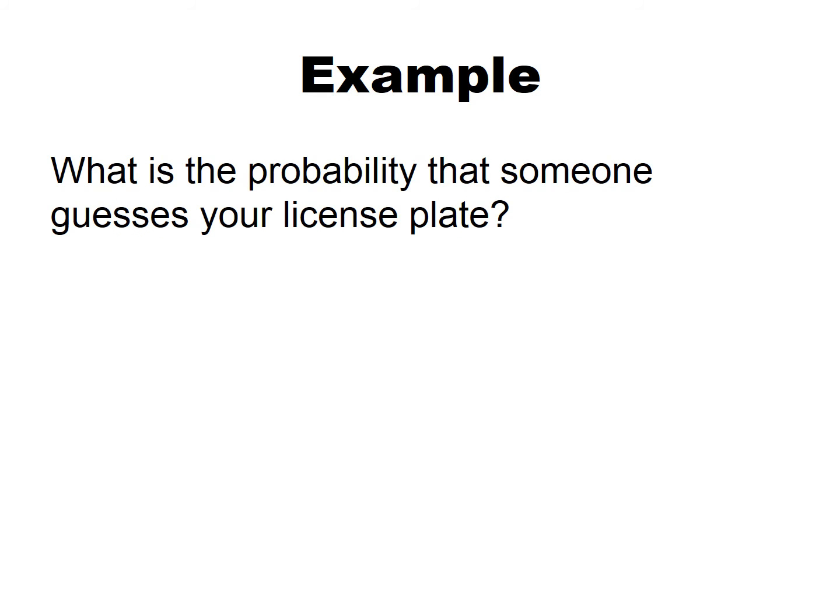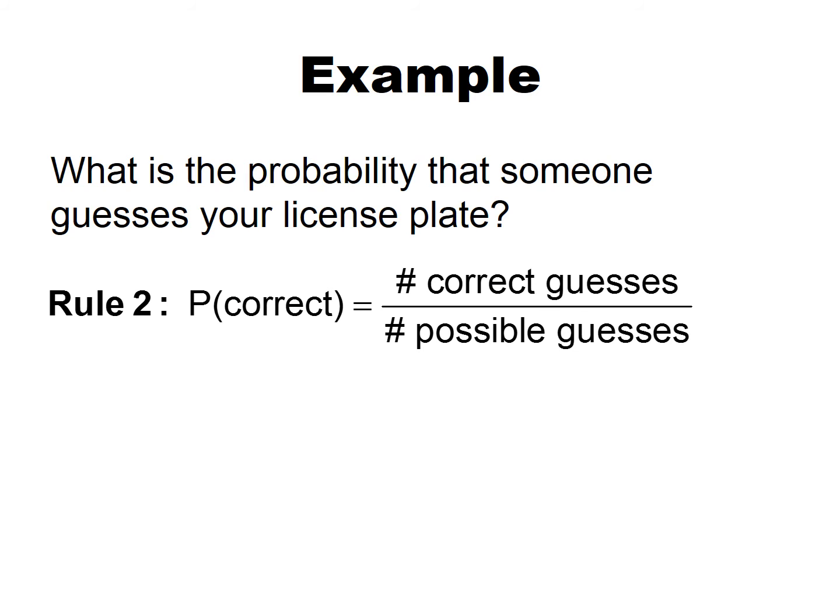Now let's use this example to calculate a probability. So let's suppose that we live in this state and we might ask, what's the probability that someone guesses your license plate? Well, according to Rule 2, the probability of getting a correct guess is equal to the number of correct guesses, that's the number of ways that this event can occur, divided by the number of possible guesses. Well, in the previous example, we just calculated this denominator.